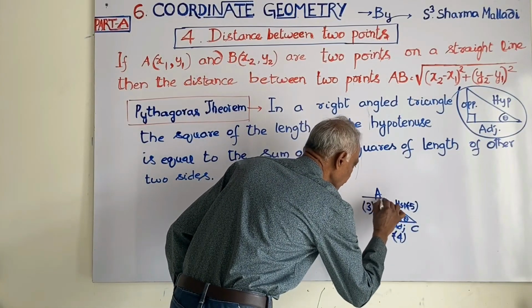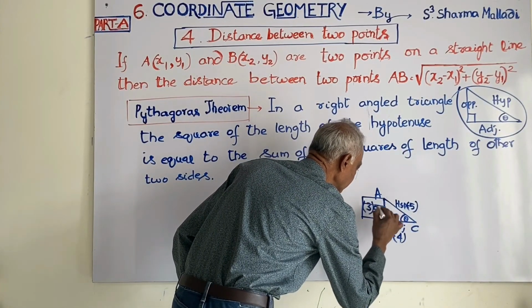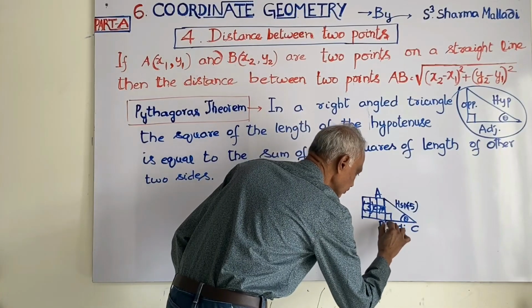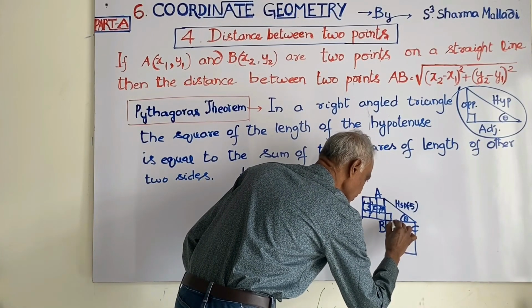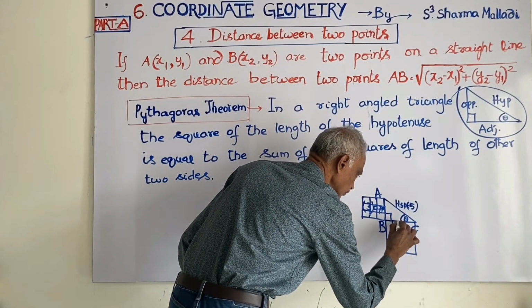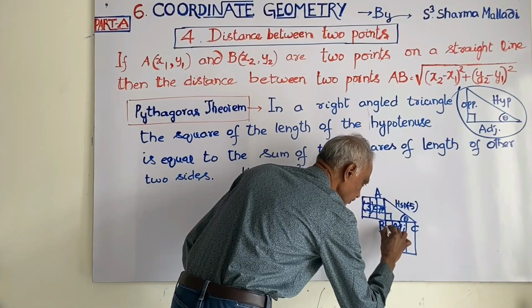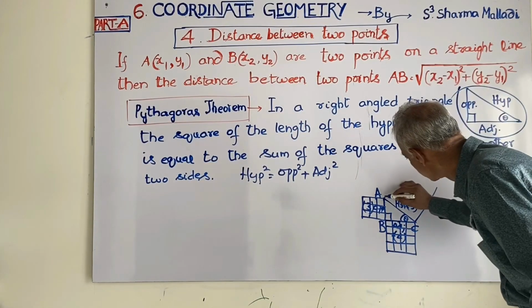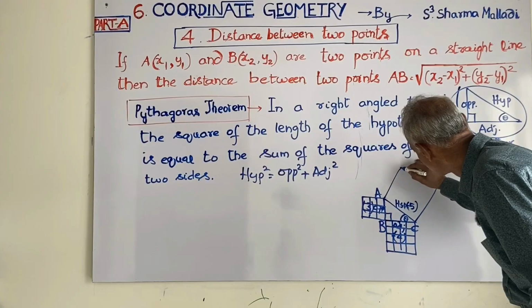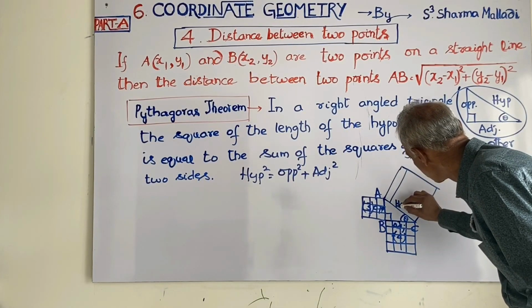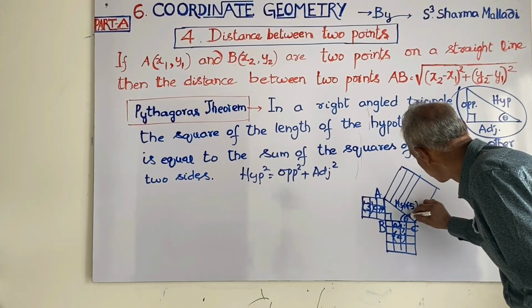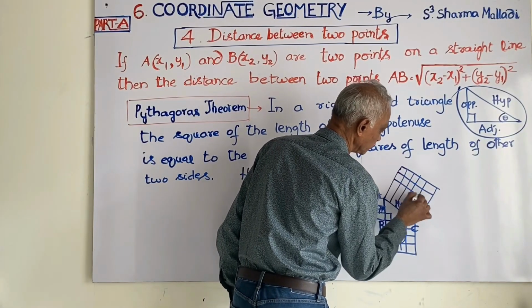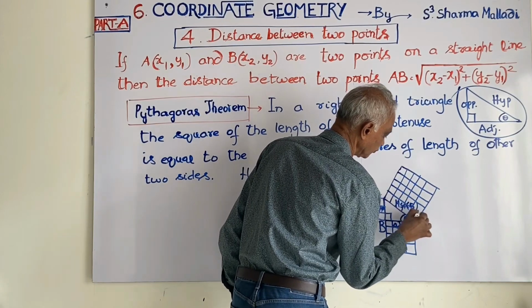You take the divisions 1, 2, 3, 4 on this side, and 1, 2, 3, it becomes 4, and this is 5. Here also you take 1, 2, 3, 4.